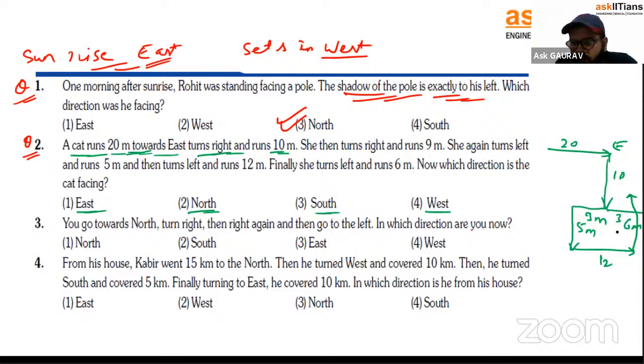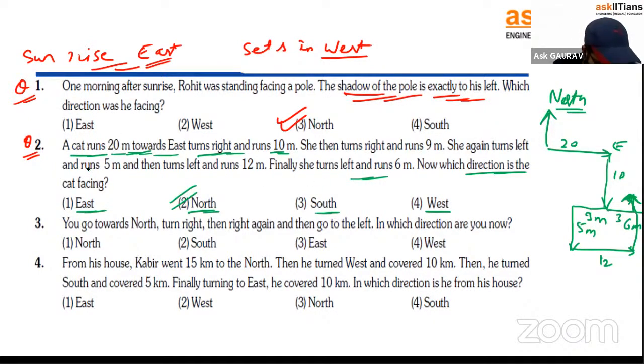Finally, she turns left and runs 6 meters. Now, which direction is the cat facing? The cat is facing to the north. That's it. You need only the direction. You must be focused on the direction only. Which direction is this? This direction is north. Is that clear? Question number 2, north direction.